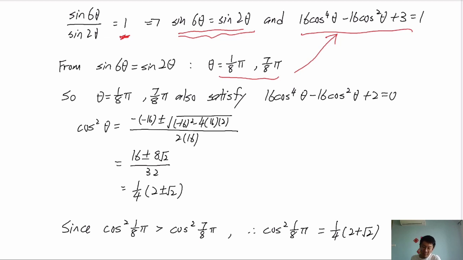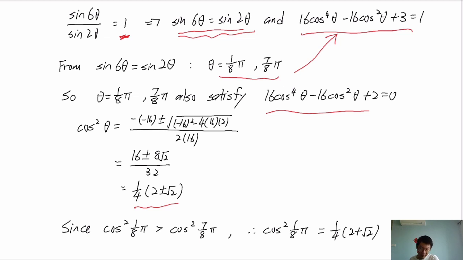Okay, this is a quadratic equation, right? So we just have to solve this quadratic equation. When we solve it, we get cos squared theta equals 1 over 4 times 2 plus minus root 2.